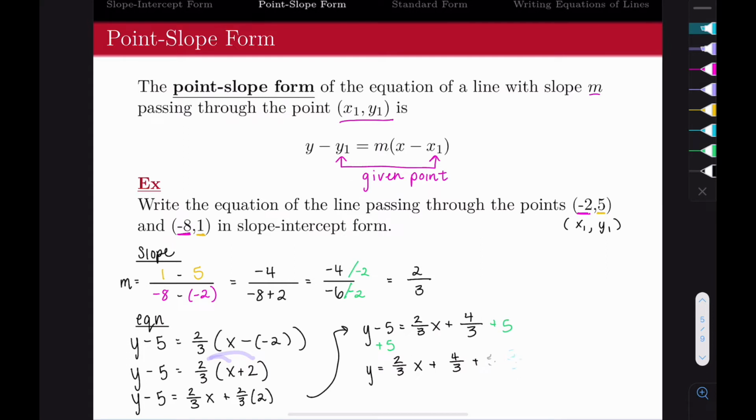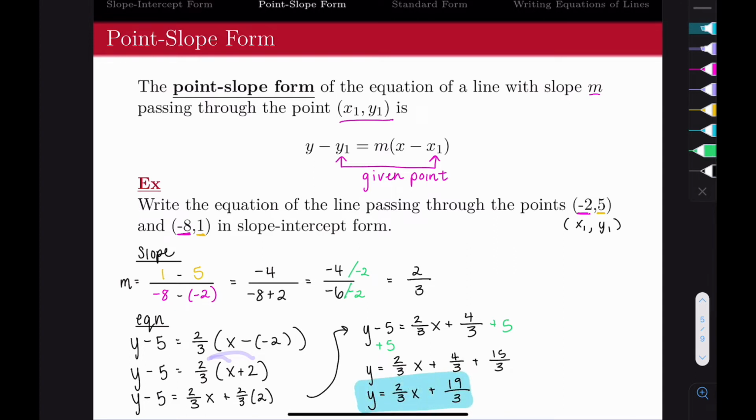So 5 is exactly the same thing as 15/3. And now we can actually add those. We add across for fractions, but just in that numerator portion. So 4 plus 15 gives us 19/3. And so this is our equation in that slope-intercept form.